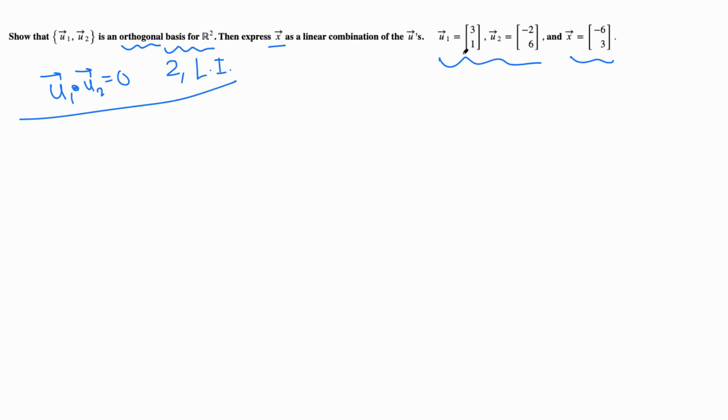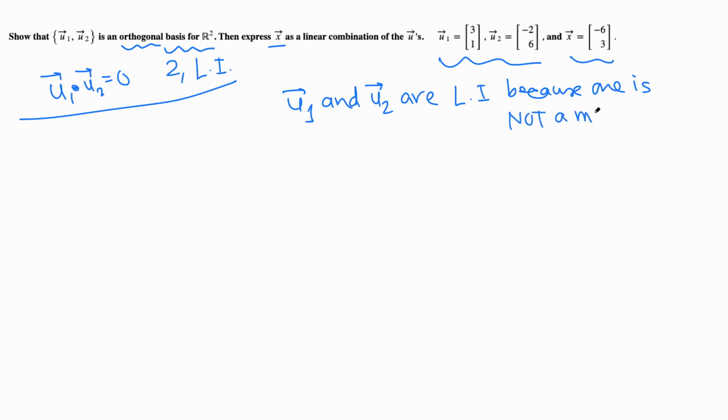We have two vectors, u1 and u2, and they are linearly independent. Why? Because one is not a constant multiple of the other. If we multiply one by some number, we can never get the other.